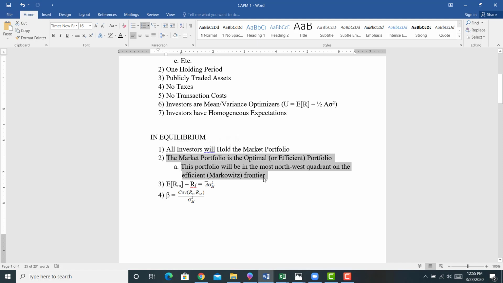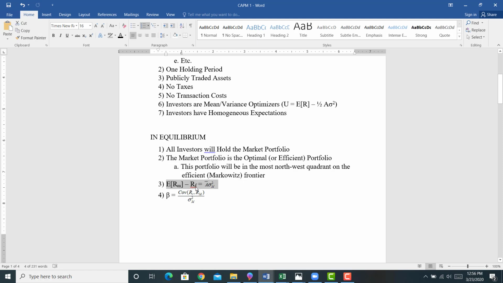Said differently, if we believe the CAPM, then the efficient portfolio, remember what that is: we're adjusting our weights, trying to optimize a portfolio by maximizing the ratio of the expected return to variance or standard deviation. Markowitz says we should choose the efficient portfolio in the most northwest quadrant. The CAPM suggests that the market portfolio is the optimal portfolio in equilibrium.